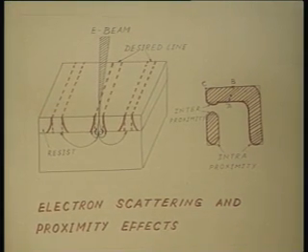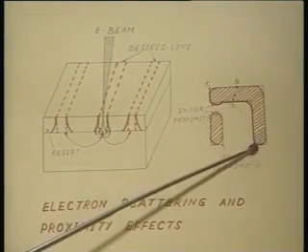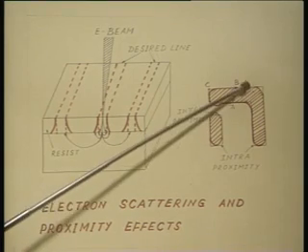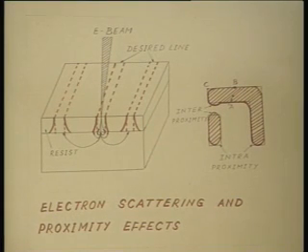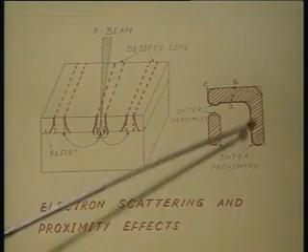Essentially, this means that different points, different portions in the pattern, receive different quota of E-beam radiation and therefore, they develop differently.